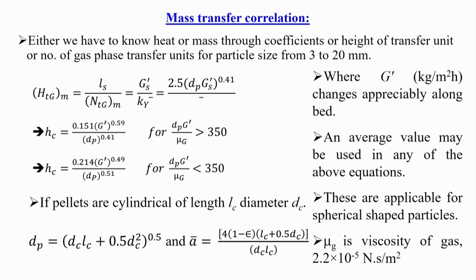Now, we need to consider some mass transfer correlations for different conditions, like a wet solid in a packed column. Either we have to know the heat or mass transfer coefficients, or the height of the transfer unit, or the number of gas phase transfer units, for particle size from 3 to 20 millimeter.